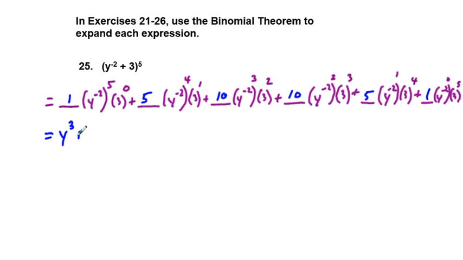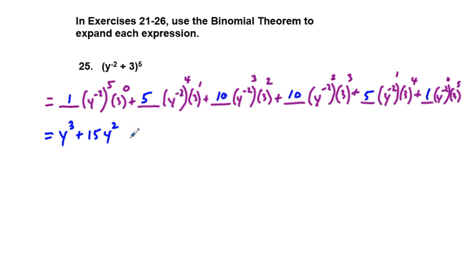The next one we're going to have is this 3 to the 1st power, which is 3, times 5 is going to be 15, and then we're going to have y to the power of negative 2 raised to the power of 4, so negative 2 times 4 is going to be squared.